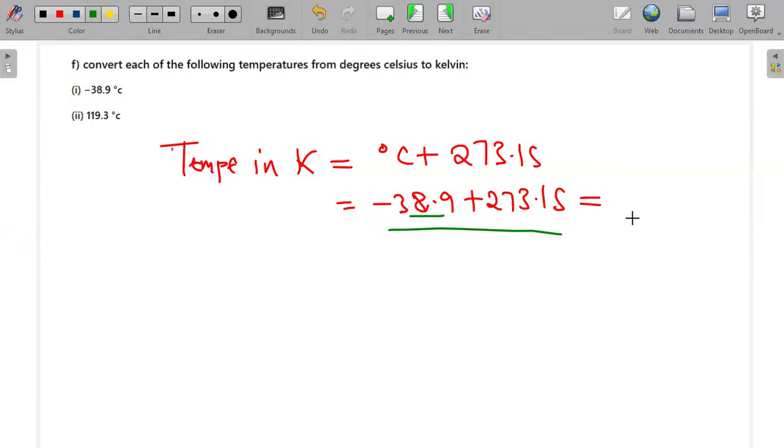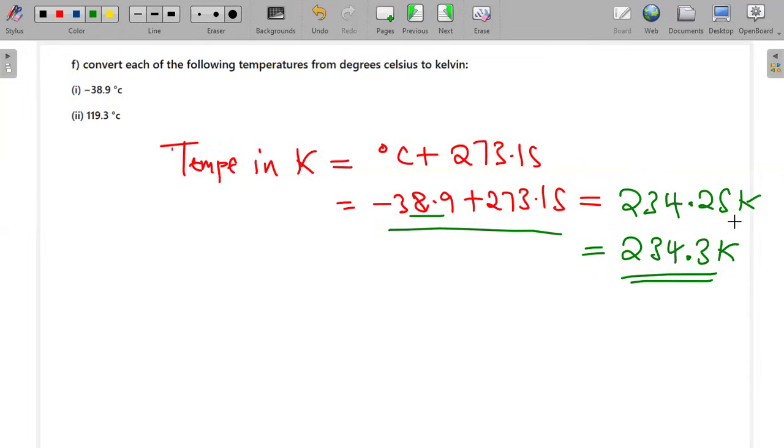When I add, I get 234.25. These are kelvins now. But this has 2 decimal places, so you have to express it to 1 decimal place: 234.3 kelvins. This is the correct answer. If you write the other one, they're going to deduct some marks. You'll be wondering, I know the formula, but I didn't get full marks.